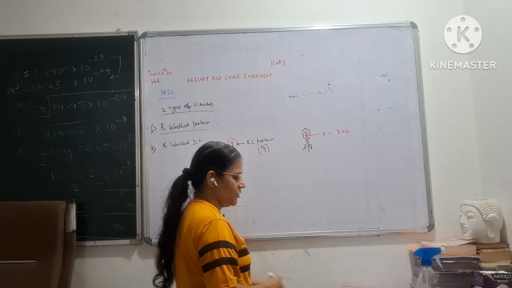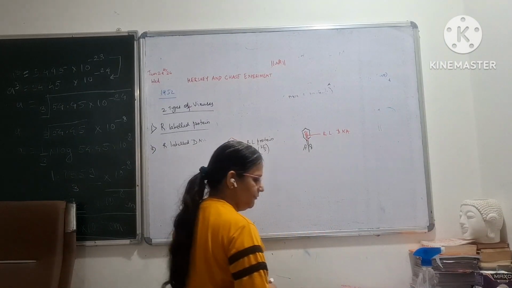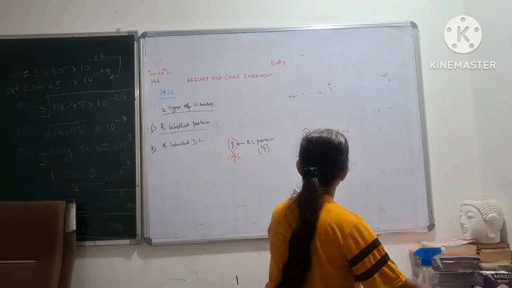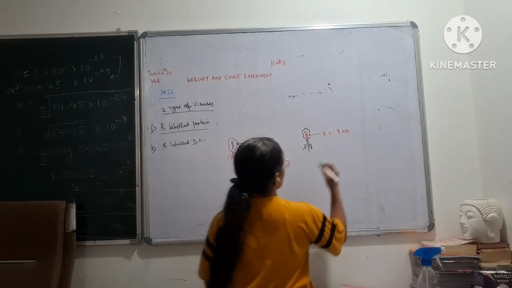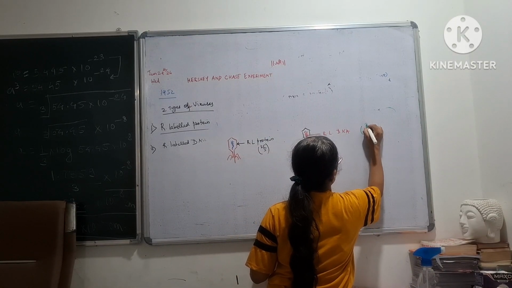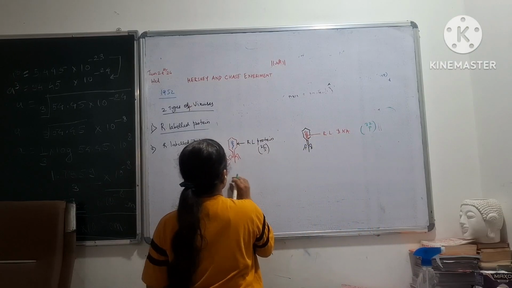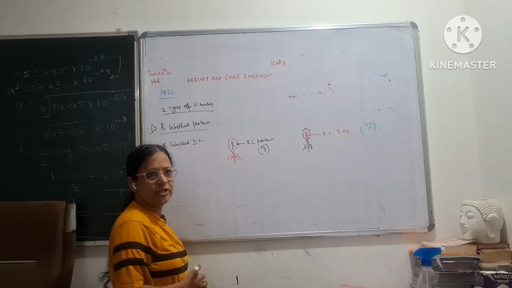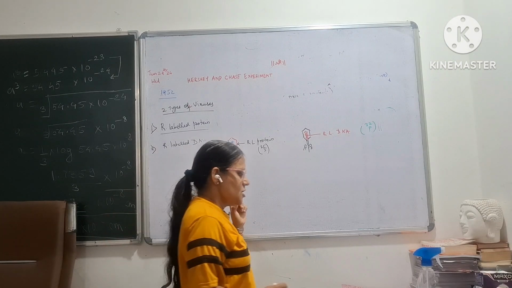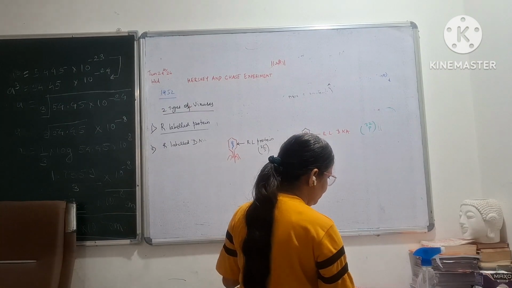These two viruses were allowed to infect the bacteria. So here this is P32 in the DNA and this is S35 in the protein coat of the virus. Now these viruses were allowed to infect.